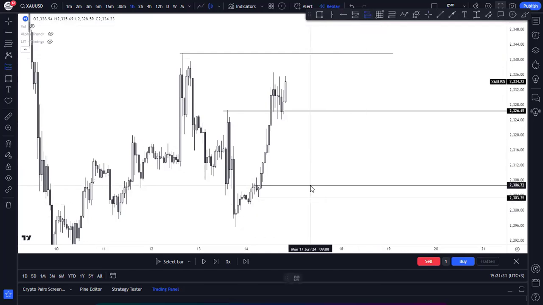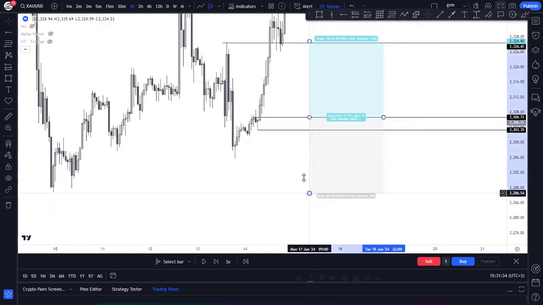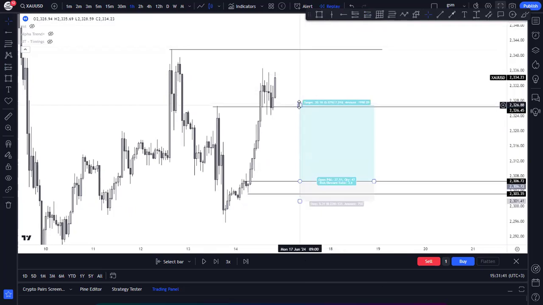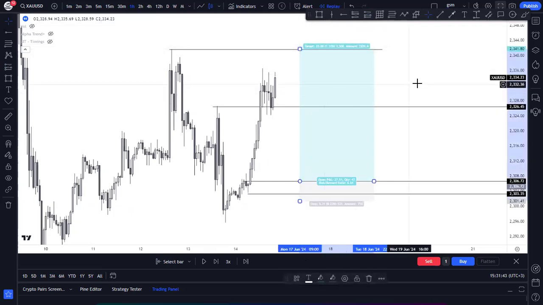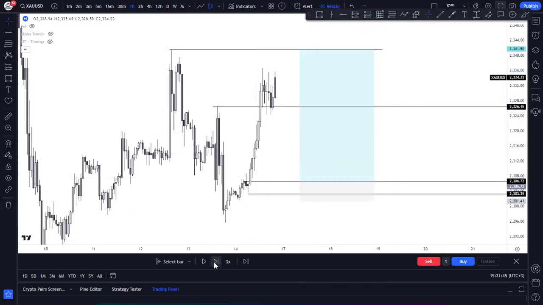I entered long position around these areas, and then my stop was just a little bit low to keep the price long to burst, and this high was my target at least. Now it's got to 1:6, but remember we take something on the 1:4.